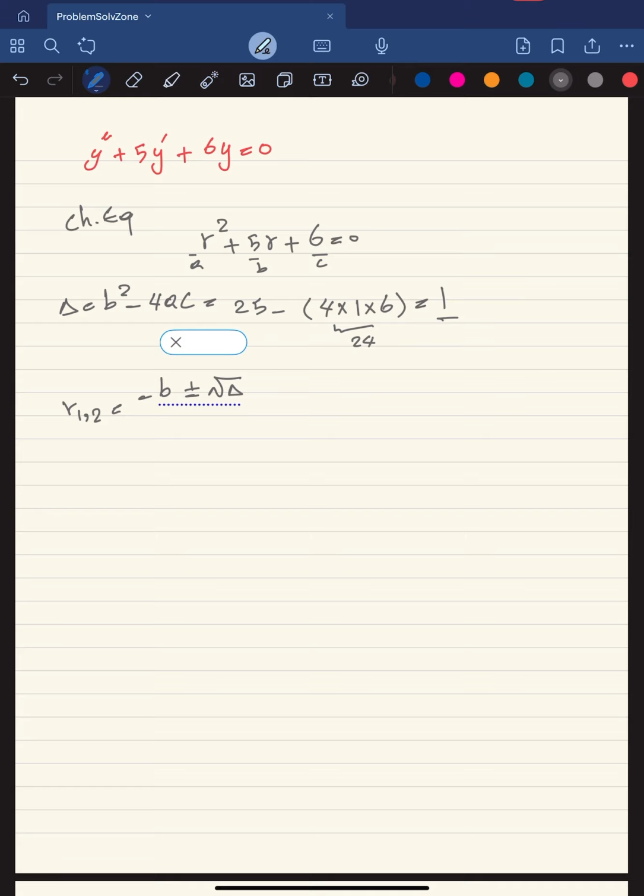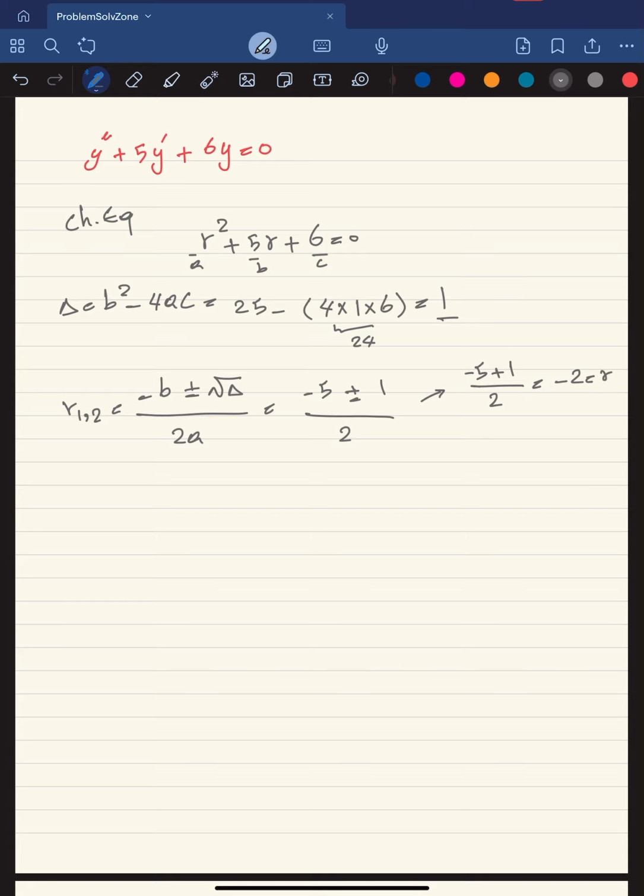Minus b plus or minus the radical of delta over 2a. Here b is 5, so minus 5 plus or minus the radical of 1, which is 1, over 2. So we're going to have minus 5 plus 1 over 2, which is going to be minus 2.